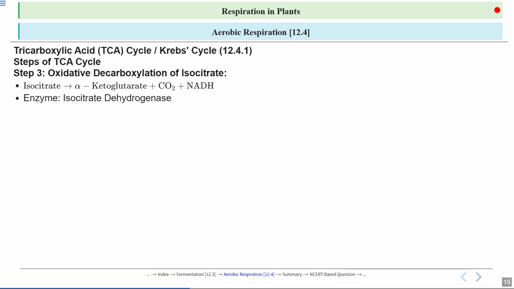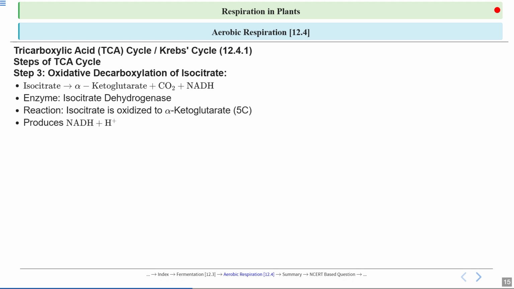And the enzyme that catalyzes this reaction is isocitrate dehydrogenase. So during this reaction, isocitrate is oxidized to alpha ketoglutarate, which has 5 carbon atoms. So oxidation means the molecule loses electrons, which helps to generate energy.